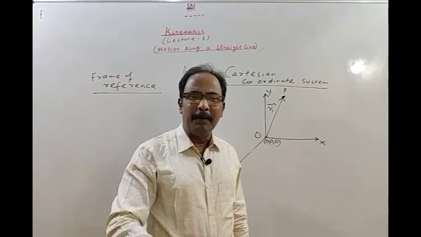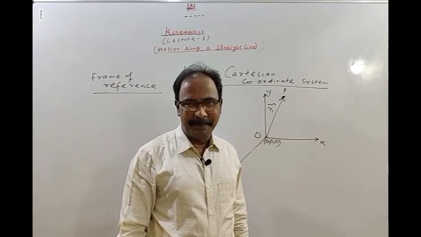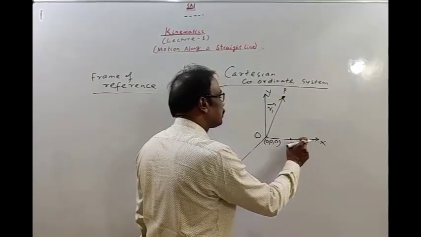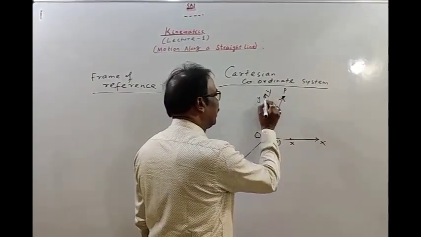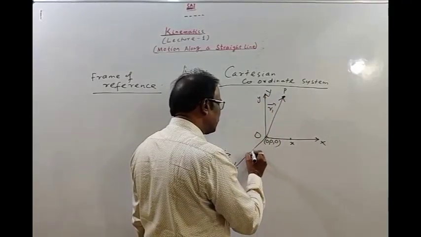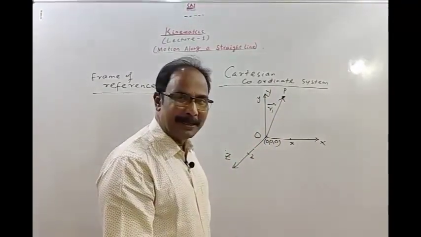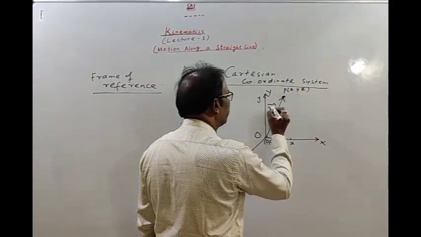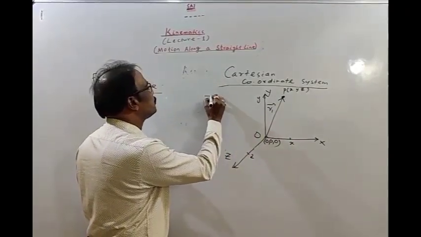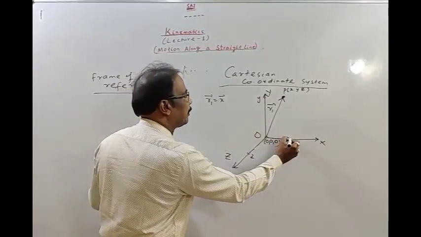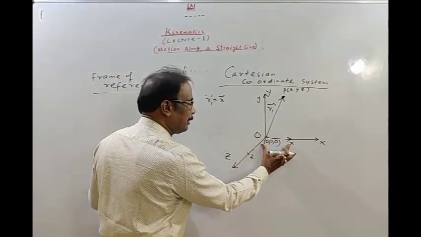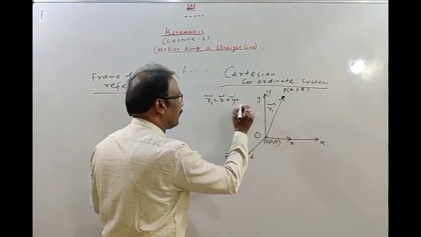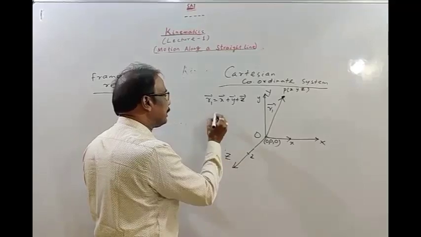The position vector is determined by the coordinate system. Let this point P be at a distance x with respect to the x-axis, at a distance y with respect to the y-axis, and at a distance z with respect to the z-axis. Then the coordinates of point P are x, y, z, and you know the expression of the position vector: it equals x vector along the x-axis, this length is x but the direction is along the x-axis, plus similarly y vector along the y-axis and z vector along the z-axis.